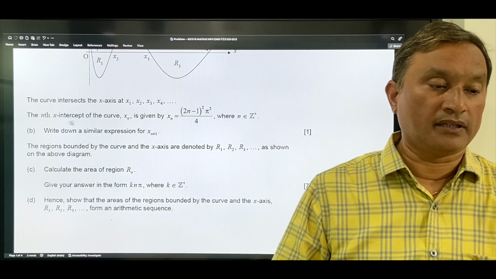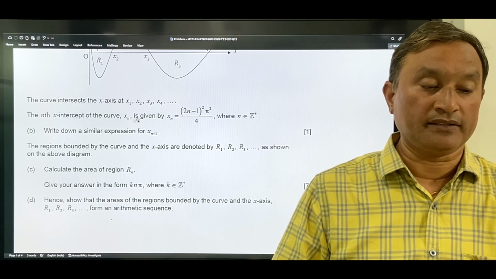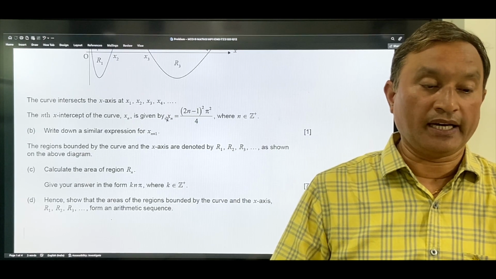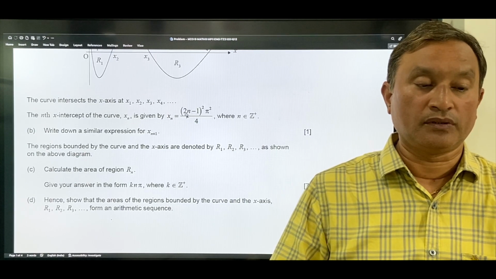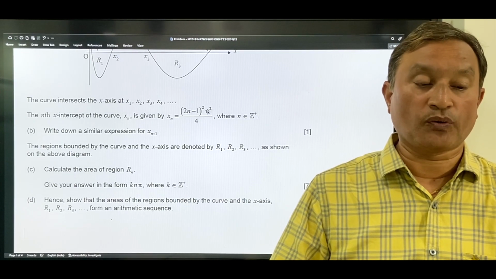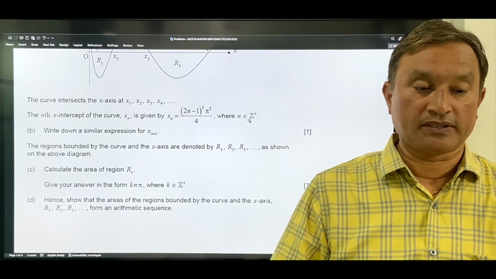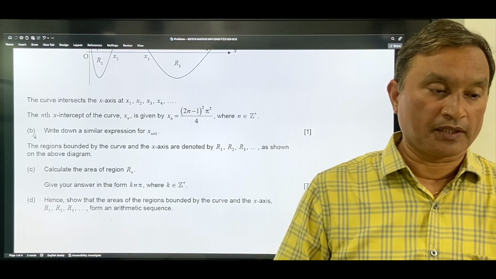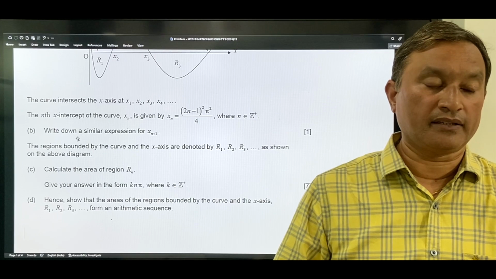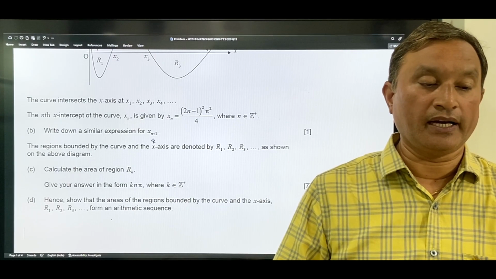The nth x-intercept of the curve, xn, is given by xn equals (2n minus 1) whole squared pi squared upon 4, where n belongs to Z plus. B. Write down a similar expression for x(n plus 1).